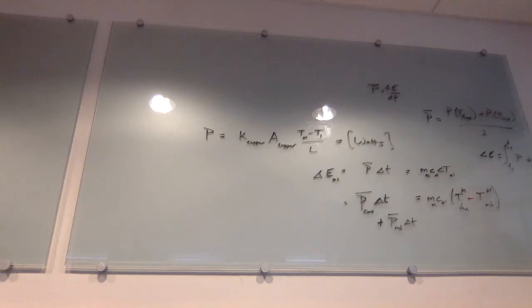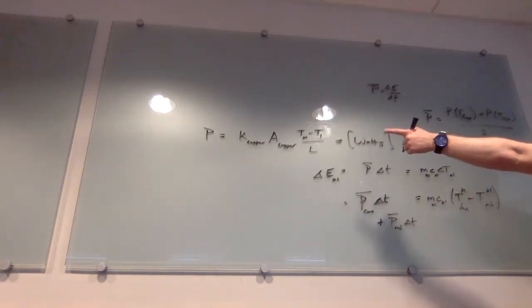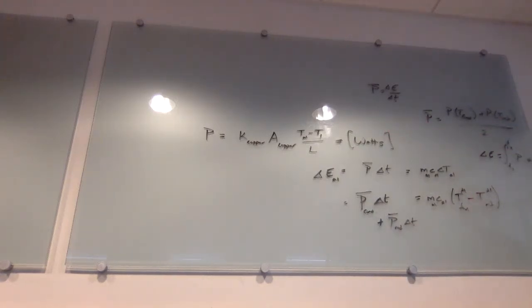In this case, we don't know exactly how P changes over time. We know how P changes over temperature, it's just that equation. But we don't know how it changes over time because we don't know how temperature changes over time, and that would be the solution to the heat equation, which is a whole other thing. But we can instead just use the average and use this equation, which is roughly equivalent to this for a linear P.